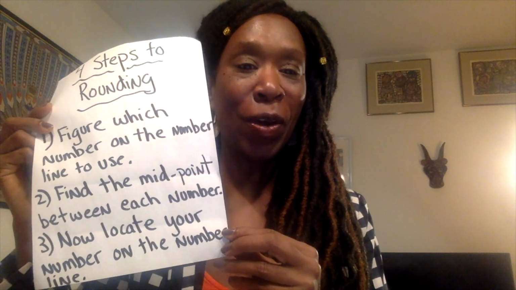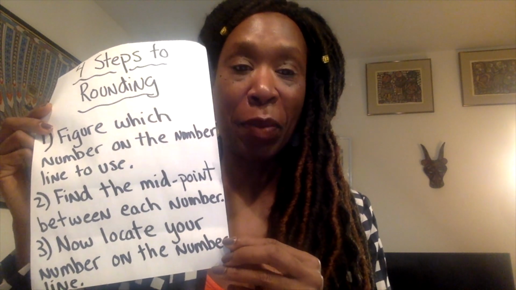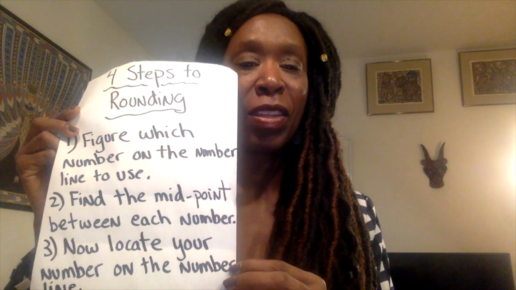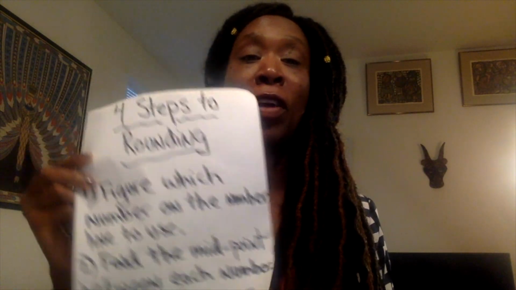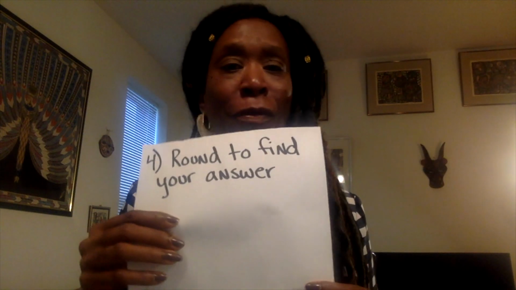Number 2, find the midpoint between each number. And number 3, locate your number on the number line. And the last part, round to find your number or your answer. Are you ready to try to solve a couple of problems?